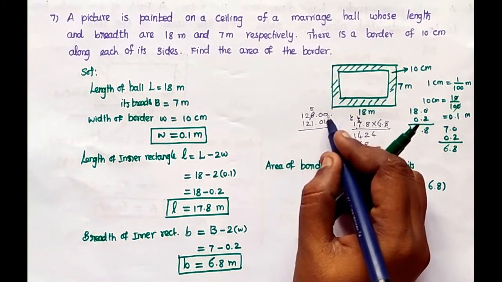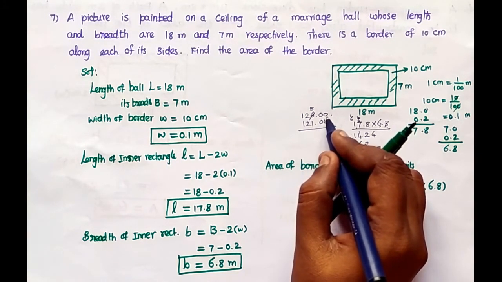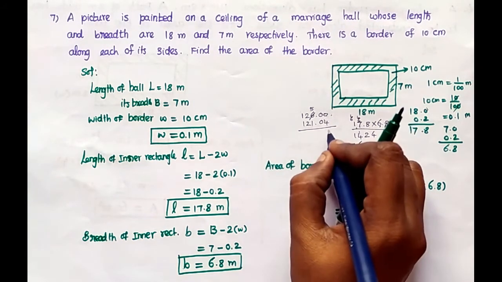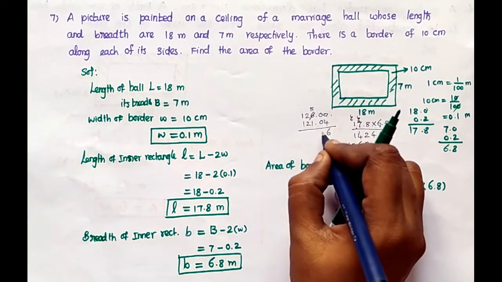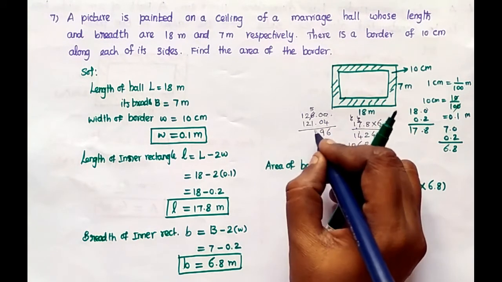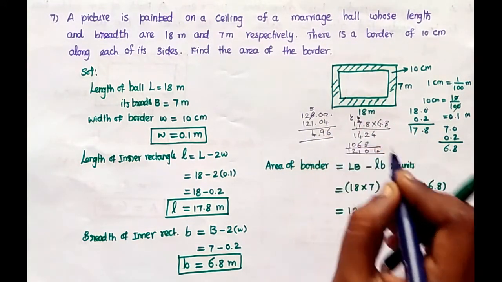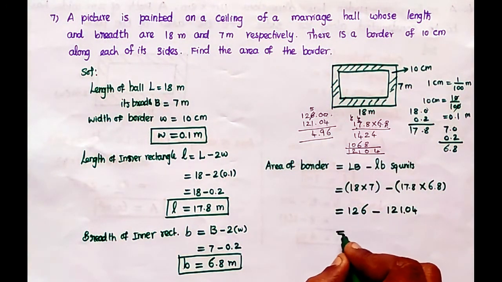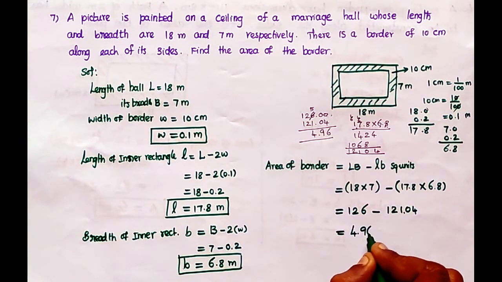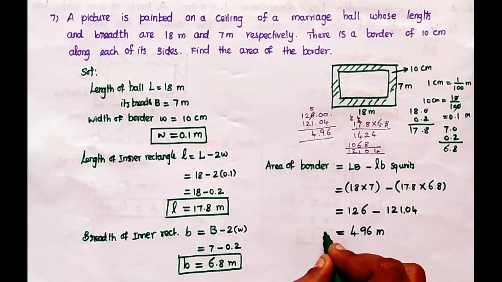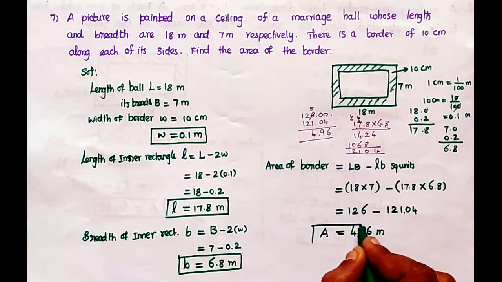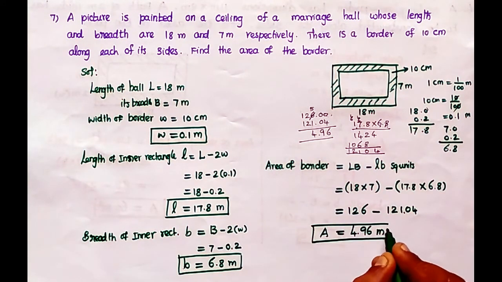After giving 1 it is 9. 10 minus 4 is 6. Here 9, 5 minus 1 is 4. So 4.96 meter square, that is the area of the border.